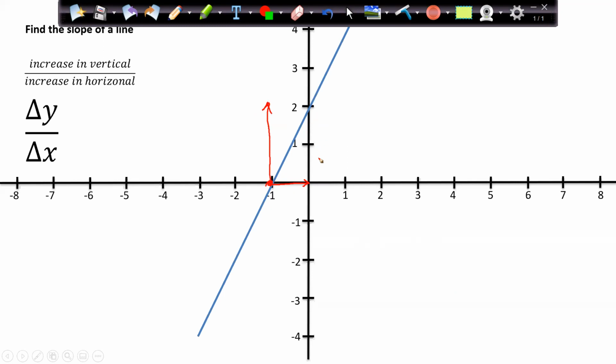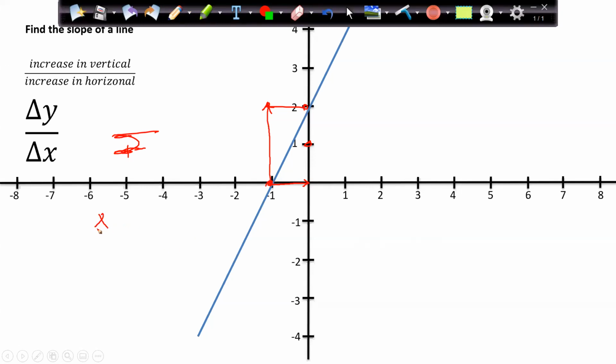It's clearly 2 points, 1, 2. So let's say the points are (-1, 0) and (0, 2).